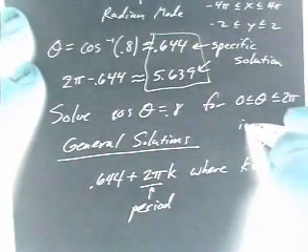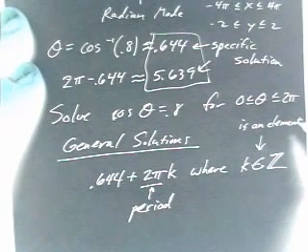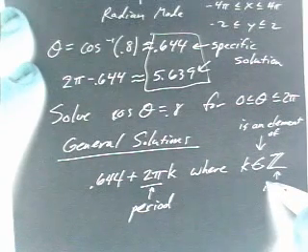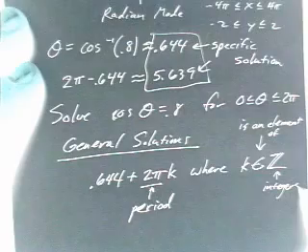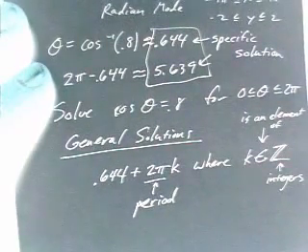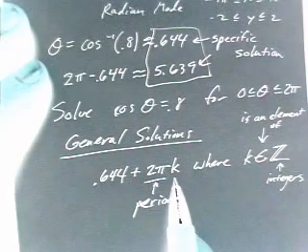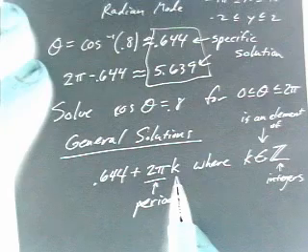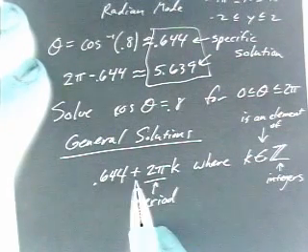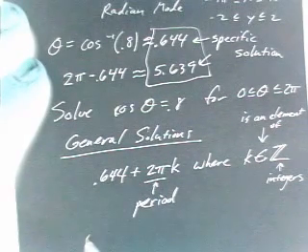This notation says is an element of, and of course we know that the capital Z is the letter that's used for integers, from the German Zahlen. Now K could be positive, K could be negative, so that takes care of the whole adding and subtracting thing. So I don't have to put plus and minus because K could be a negative number.